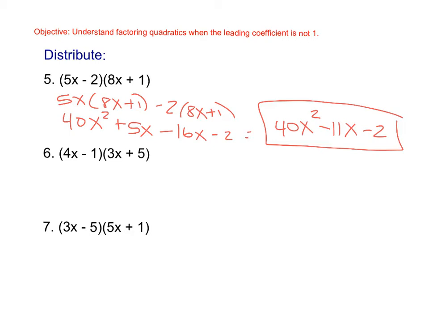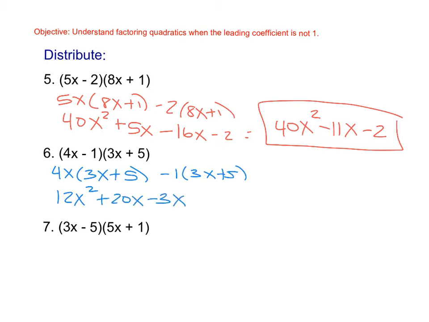Number 6, we get 4x times 3x plus 5, and then minus 1 times 3x plus 5. Distribute: 12x squared plus 20x minus 3x minus 5, and those middle two combine to 17x minus 5.